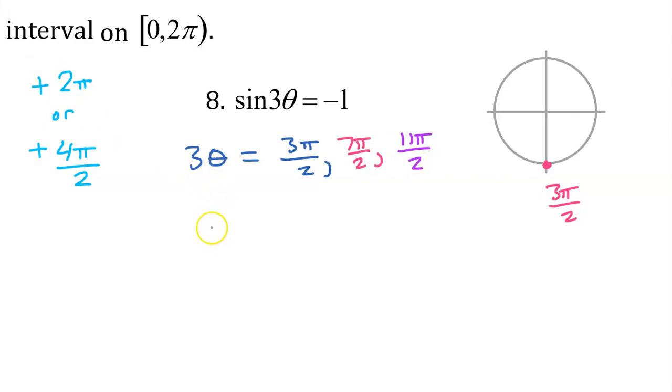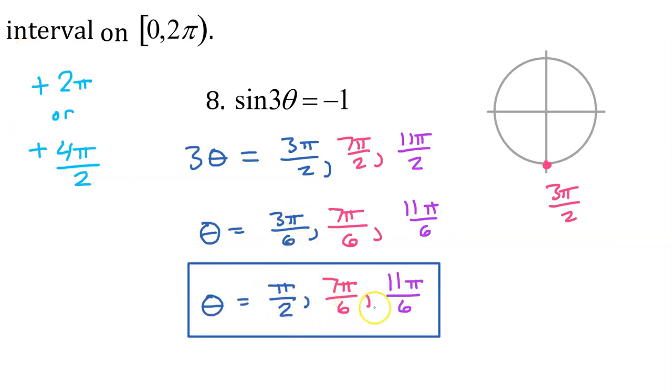To get theta by itself, we need to divide everything by 3. So that will give us theta is equal to, and when we divide a fraction by 3, we multiply the denominator by 3. So this will be 3 pi over 6 and 7 pi over 6 and 11 pi over 6. 3 pi over 6 reduces down to pi over 2.